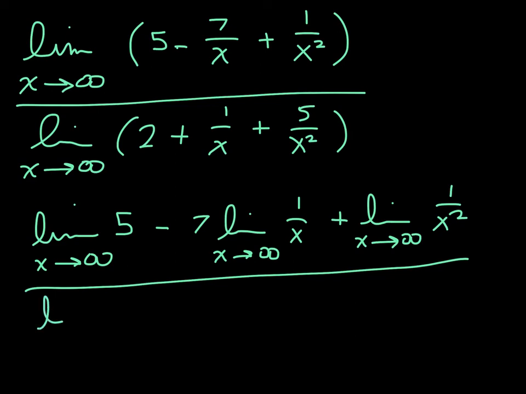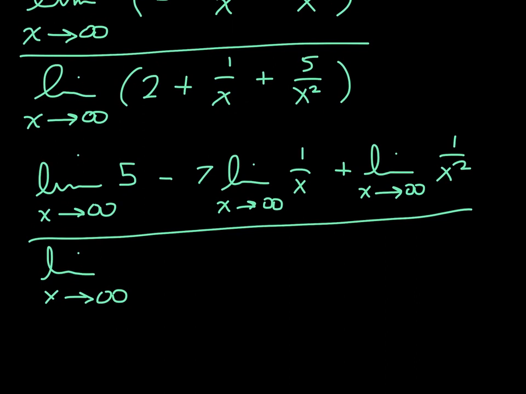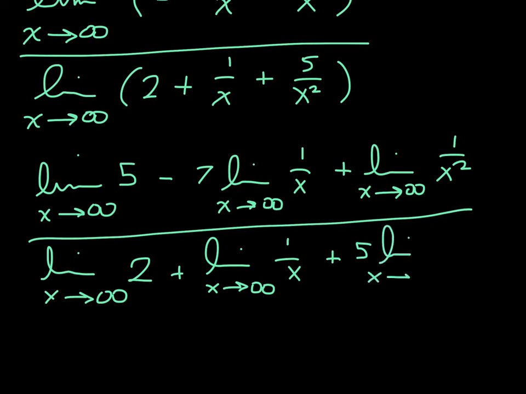So we have the limit as x approaches infinity of 2, and that's a constant, so that's just going to be 2, plus the limit as x approaches infinity of 1 over x, and we know that's going to be 0, plus, and we can write this as 5 times the limit as x approaches infinity of 1 over x squared.